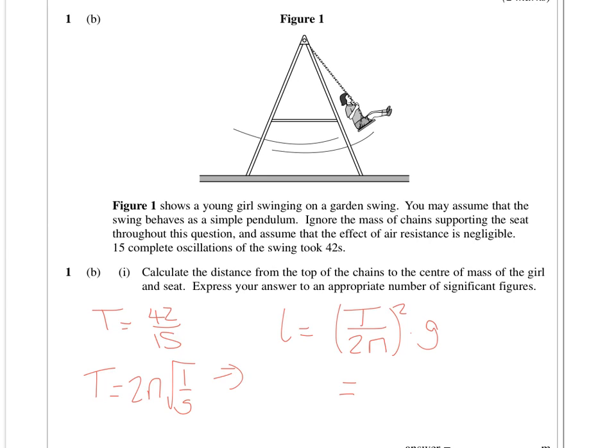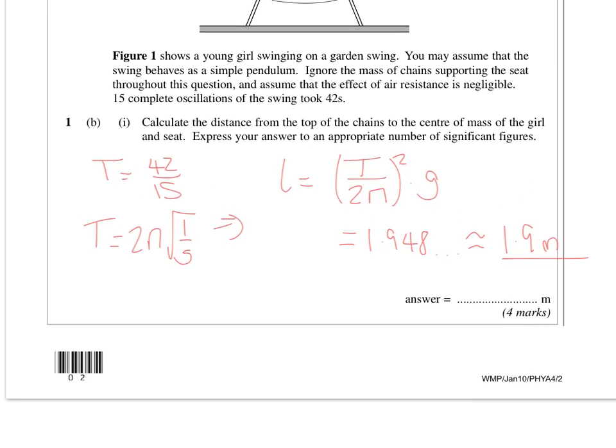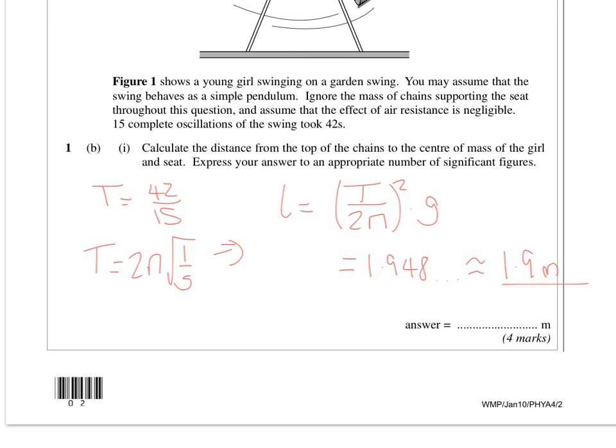Time period 42 divided by 15, divide that by 2, divide that by pi, all squared, times 9.81, gives you 1.94822. We've got two significant figures in the answer, so we would give that as 1.9 meters as your final answer, because the numbers in the question were to two significant figures.